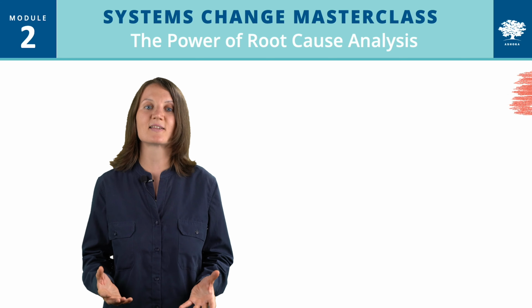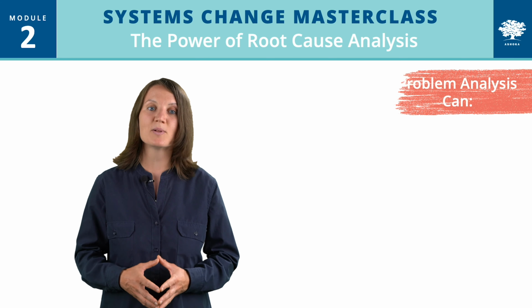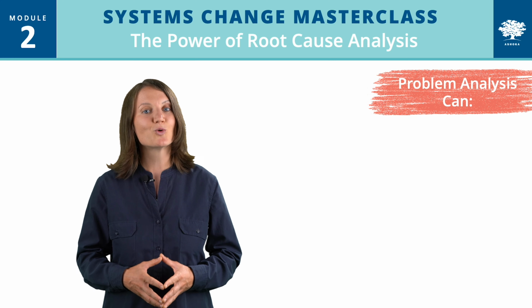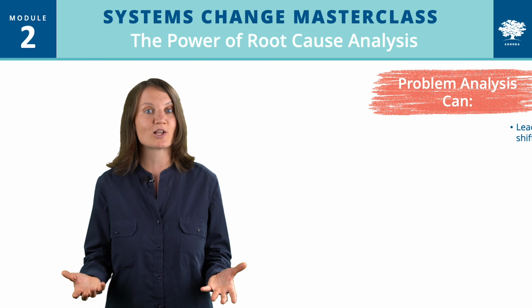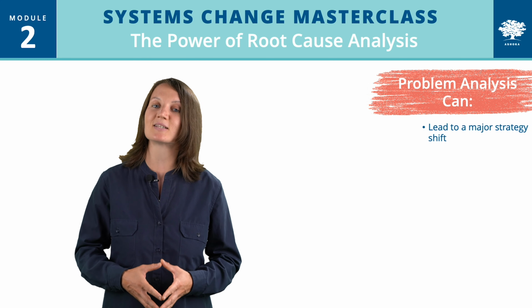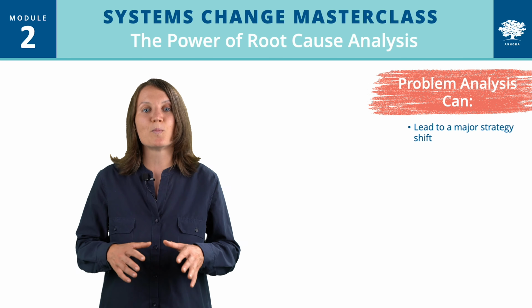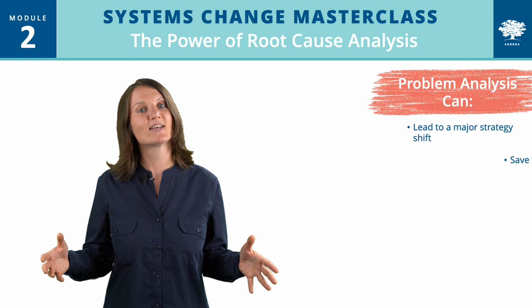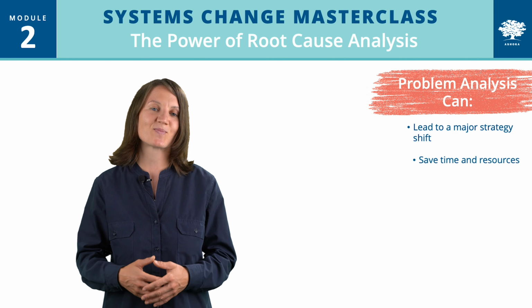We have witnessed that a profound evidence-based problem analysis can open up a new perspective even for those social entrepreneurs who have been in business for years and lead to major strategy shifts and saving time and resources.